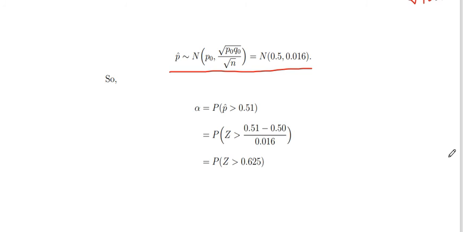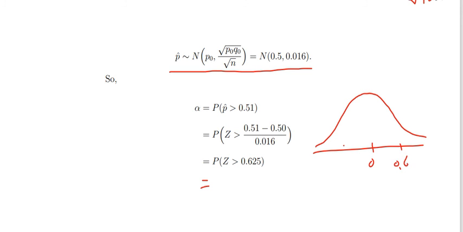So we change this to a standard normal, x minus mu divided by sigma. So we have this. We find the cut point is here, 0.625. So this is alpha.